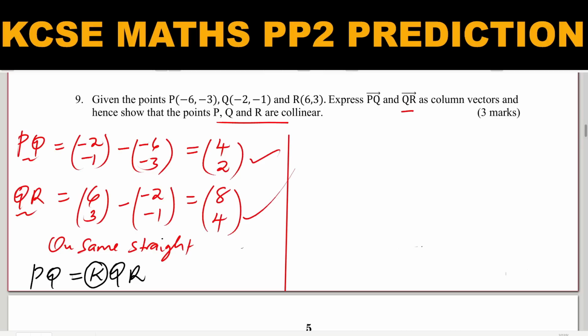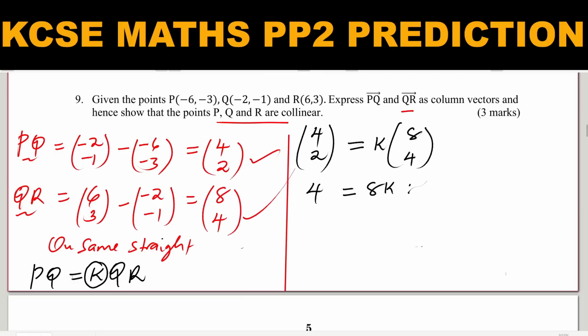We got vector PQ was (4, 2), equal to K, a scalar, times QR, which is (8, 4). So the first one will be 4 equals 8 times K, that is 8K. So for this one, K will be a half.